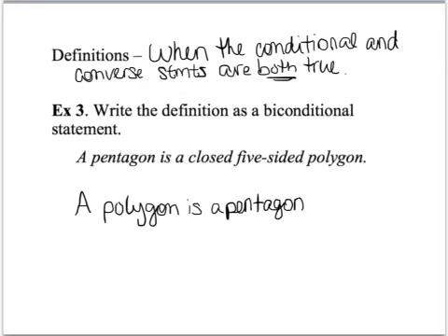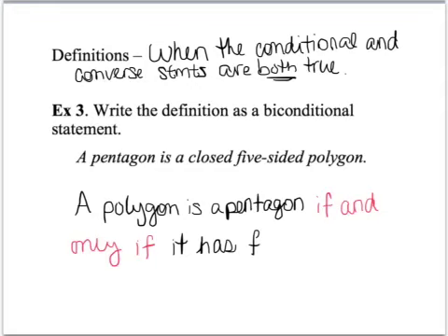And how do we join the conclusion and the hypothesis together? With the phrase if and only if. It has 5 sides. So there is my definition as a biconditional statement. A polygon is a pentagon if and only if it has 5 sides.